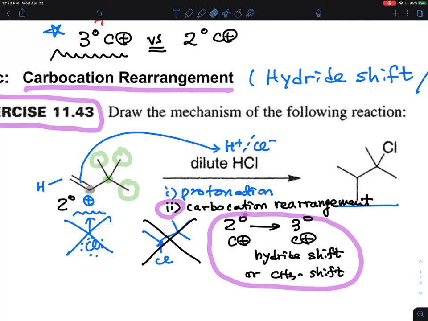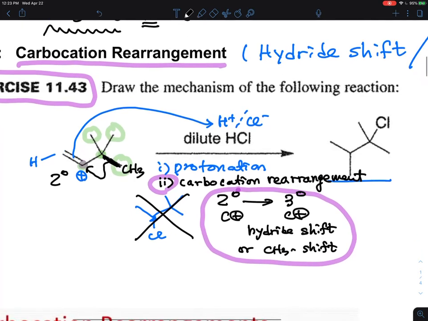And then let me get rid of this to simplify. And then this CH3 methyl group, and those bonding electrons in methyl will be connected to form the bonding with the carbocation carbon.